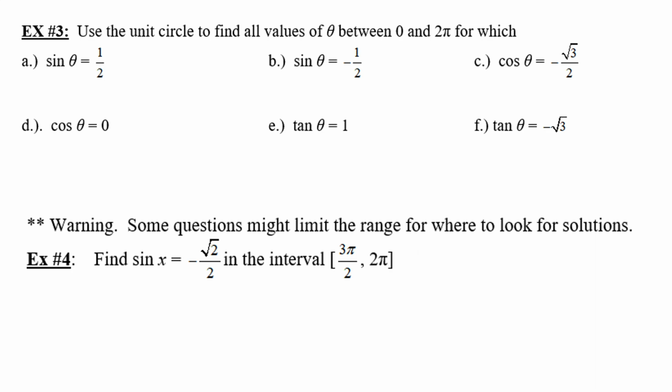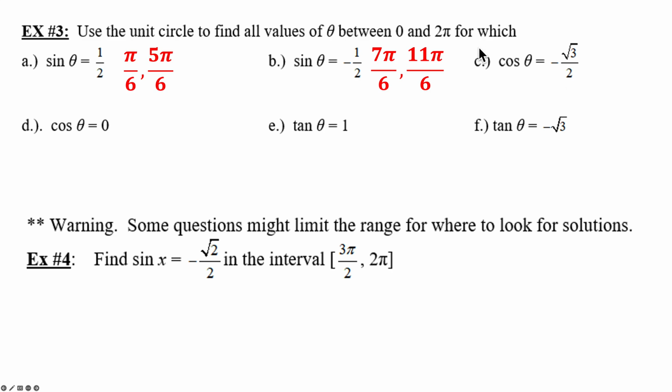So go find a y-coordinate that's 1/2 in quadrant 1 and 2. Yep, pi over 6, 5 pi over 6. Now sine of theta is equal to negative 1/2. So we're going down to quadrant 3 and quadrant 4. So that's going to be 7 pi over 6, 11 pi over 6.